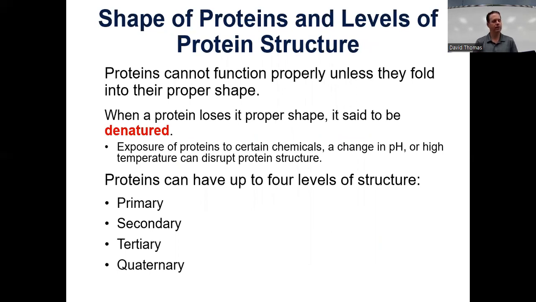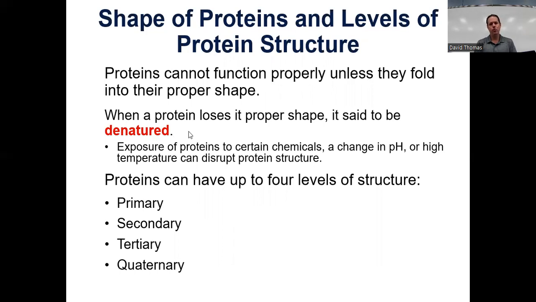Shapes of proteins. Not all proteins have the same shape, but the shape is very important, mainly because of this first statement. Proteins cannot function properly unless they have the correct shape. They have to have the correct, what's called the configuration or conformation. If they don't have the right shape, they don't function correctly. When they lose their shape, that is a process called denaturation. They become denatured.